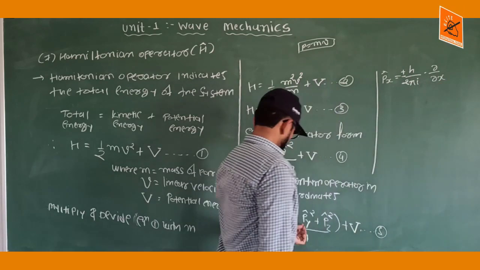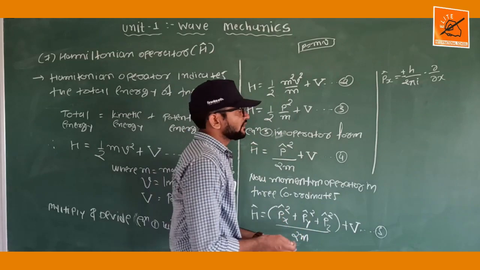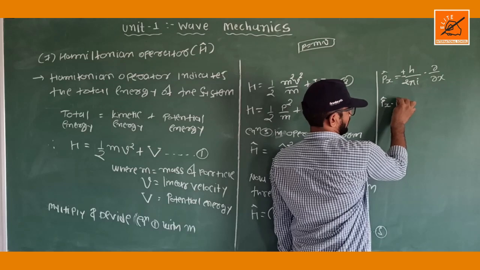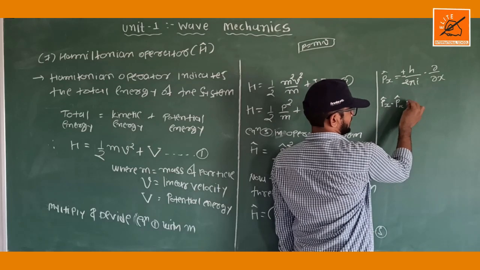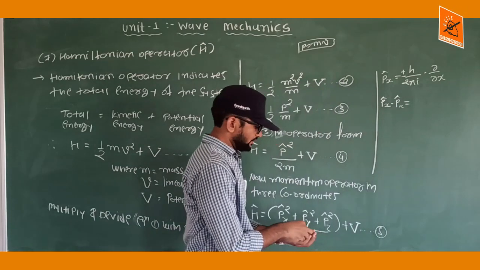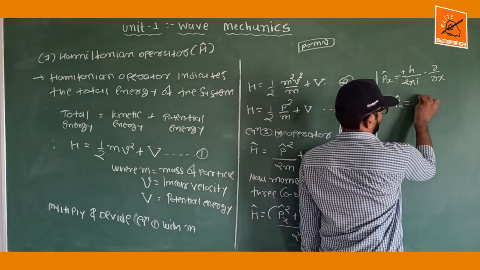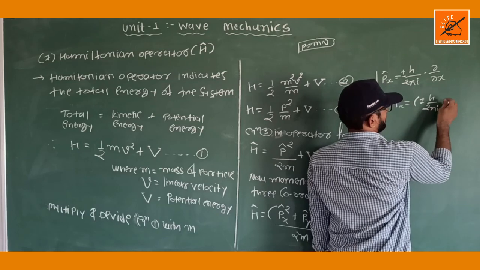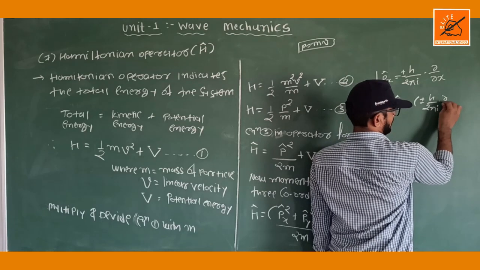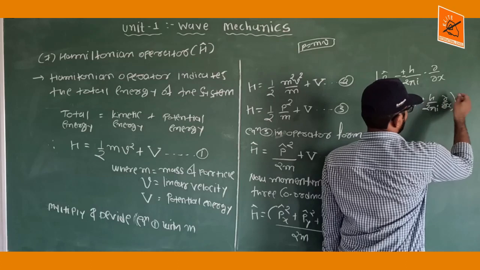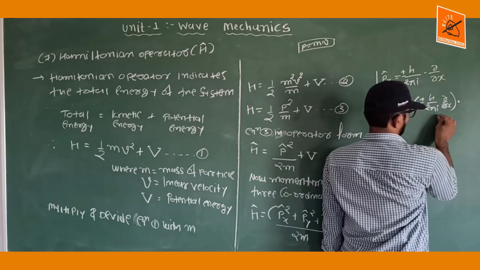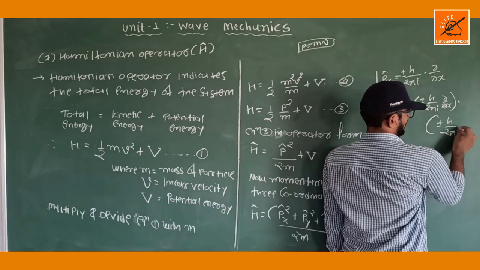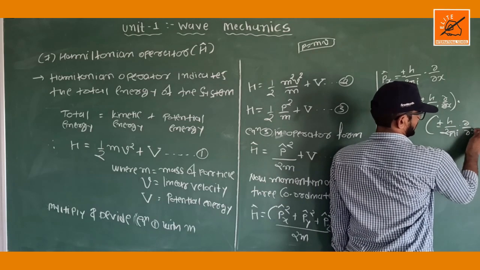Now px square means multiplication of both operators, px cap into px cap. So plus or minus h upon 2 pi i into d by dx, and the second time also plus or minus h upon 2 pi i into d by dx.